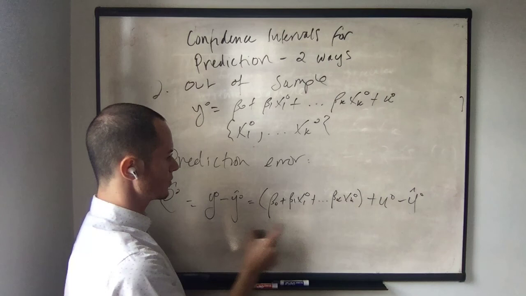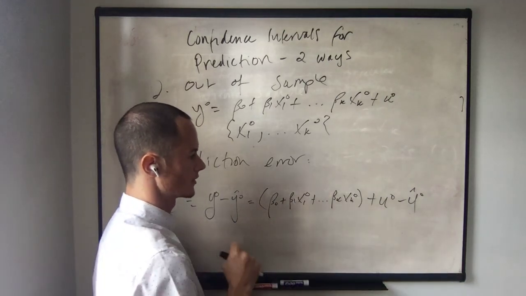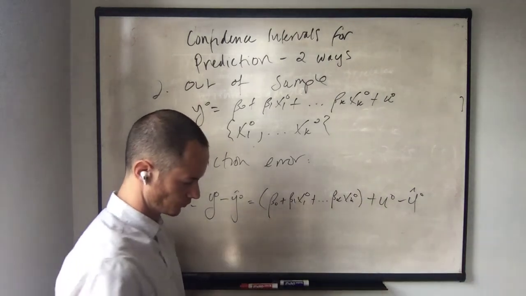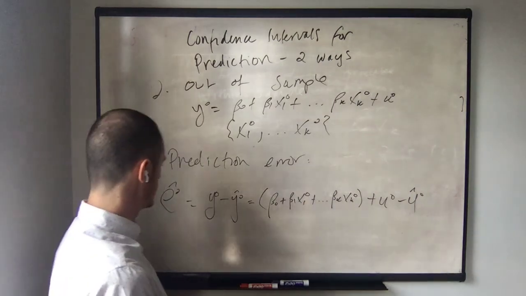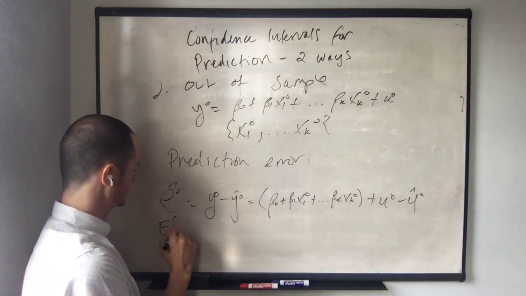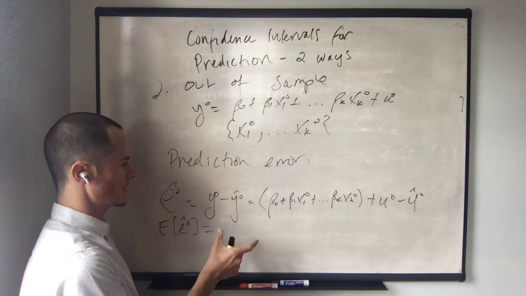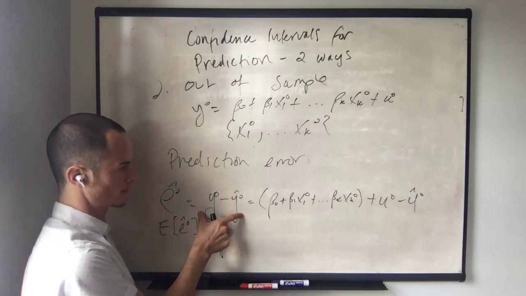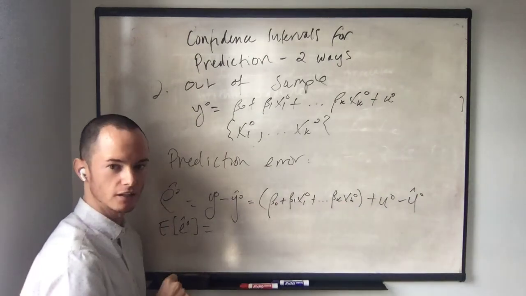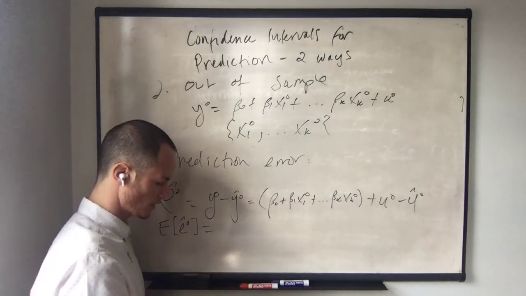So y0 is equal to this plus this, y hat. And we want to show that the expected value of E0 hat is equal to the expected value of this whole thing. We can put this whole thing in the expected value.